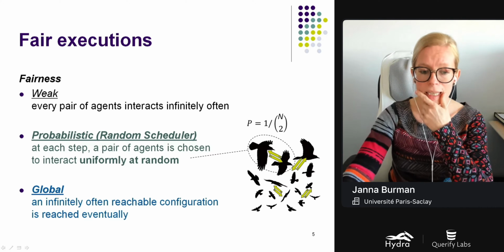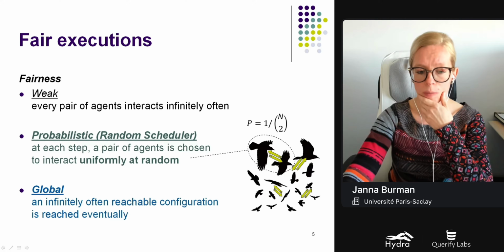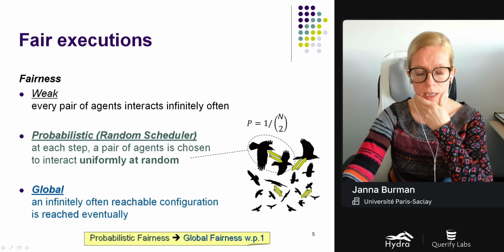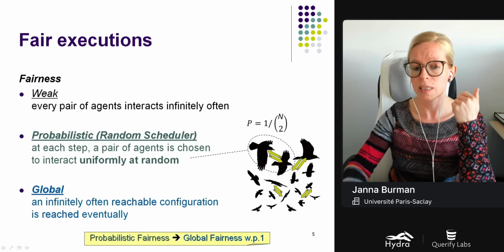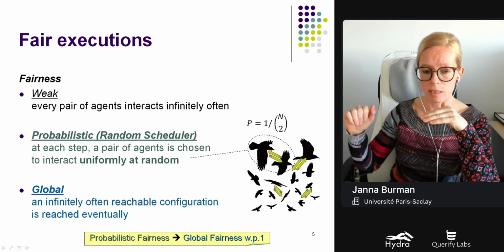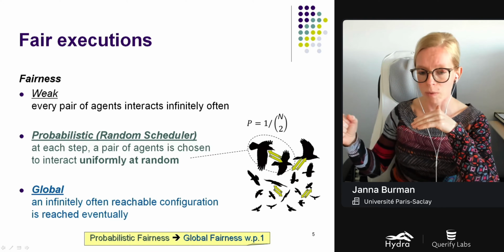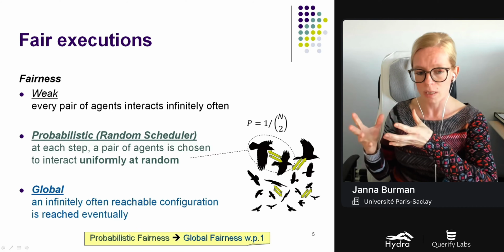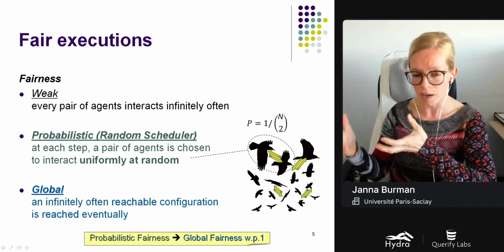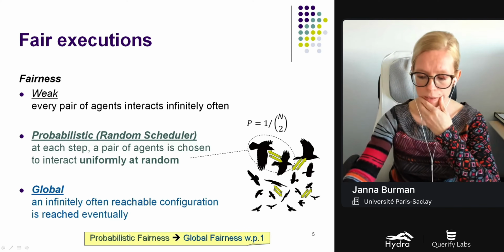Okay, and another way to see what this global fairness means is to see this result that we have. In fact, an execution satisfying probabilistic fairness implies the global fairness with probability one. Okay, so another way to see global fairness is like a simulation of a random environment, but without introducing probabilities in the model.